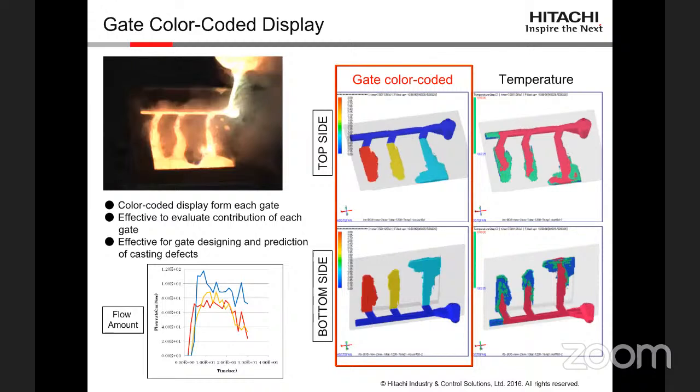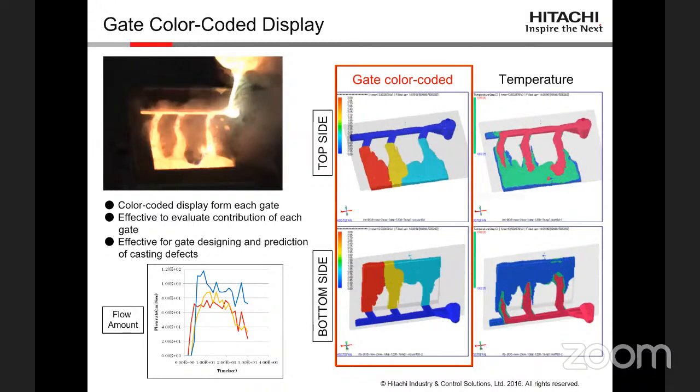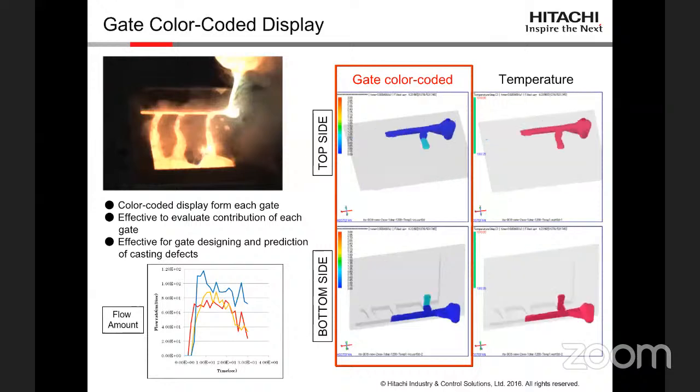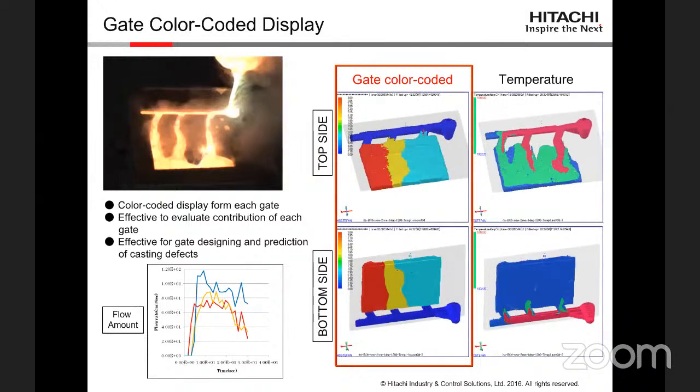Next, this is one of the unique features available in the software. If we are using bottom gating, top gating or side gating, and we are using a number of ingates in a single cavity, we can check the occupancy of each gate.